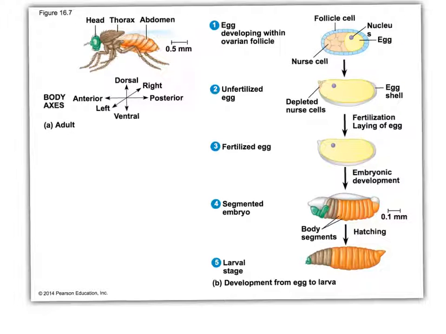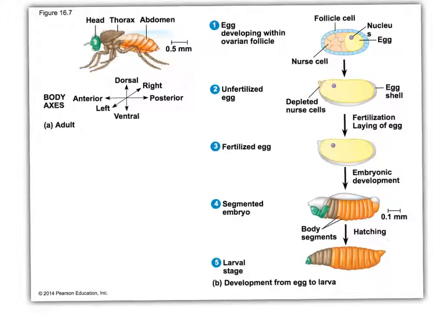The egg, up top, developing, there's what we call follicle cells, there's a nucleus, this is the overall egg. Here's your unfertilized egg. Depleted nerve cells, this is what it looks like, your eggshell, your nucleus. Once it becomes fertilized, it begins developing. But the cytoplasmic determinants within the unfertilized egg will determine which is front, which is back.